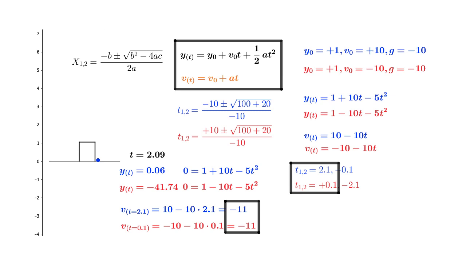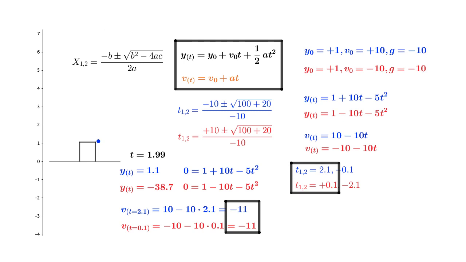At the moment when the blue ball reaches the same position as it started off at, that is, its initial position 1 meter above the ground, it has the same velocity as it started off with, except in the opposite direction. So if the blue ball began with an initial velocity of 10 facing up, or plus 10, then once it passes its initial position as it falls down, it has a velocity of minus 10.